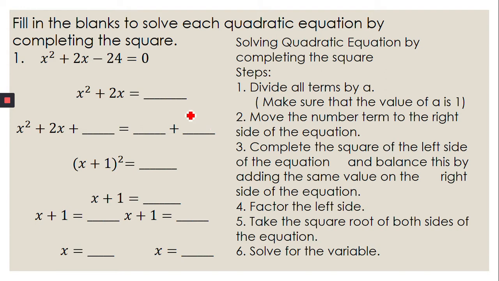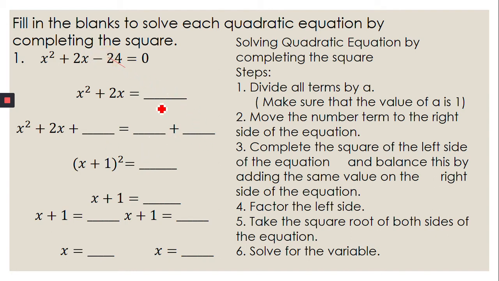Now we apply completing the squares if the given trinomial is not factorable. Okay, so if you cannot factor it, then we are going to use completing the squares. We are making the trinomial a perfect square trinomial, so we can factor it, and then we can solve it.